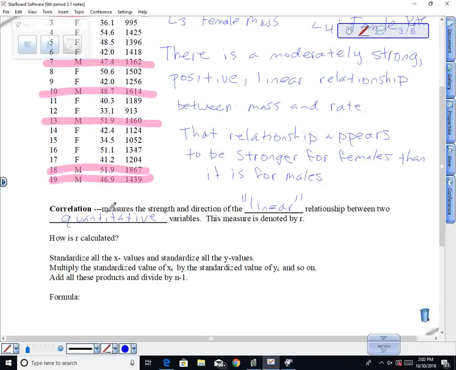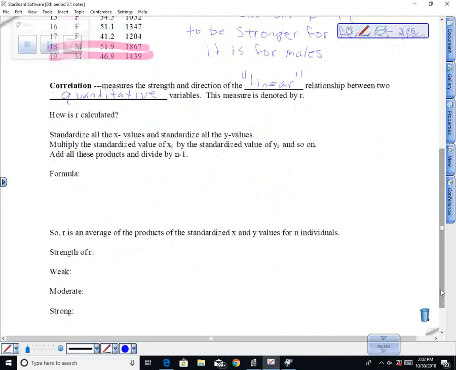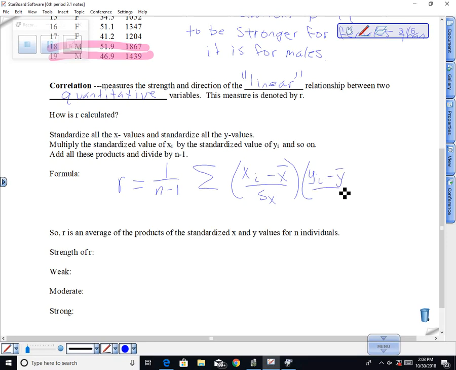And so here I have how R is calculated. Instead of reading this whole sentence to you, I'm going to write the formula so we can talk about it. R equals 1 over n minus 1 times the summation of the product of x sub i minus x bar over s sub x, times the quantity y sub i minus y bar over s sub y.